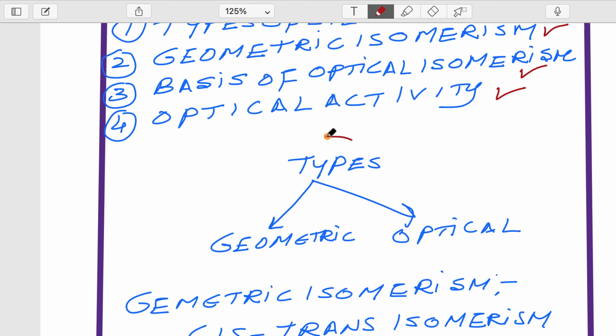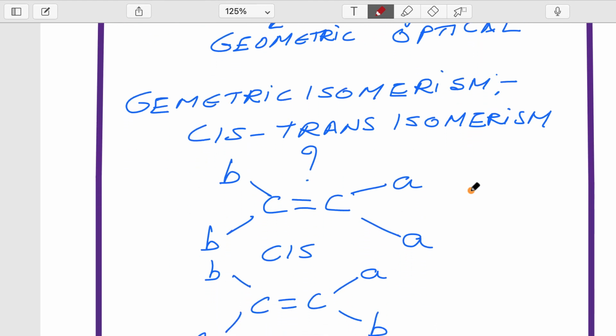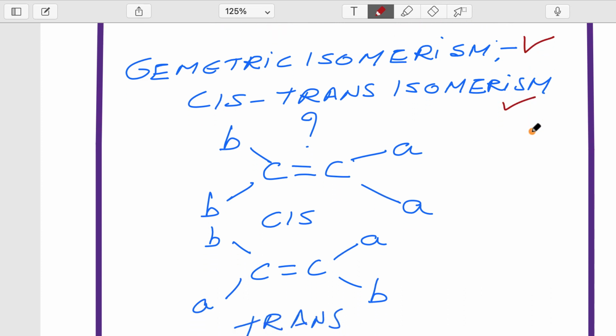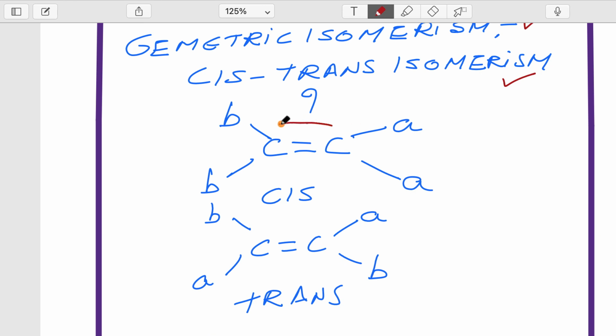When we talk about the types, there is geometric isomerism and optical isomerism. We first took up geometric isomerism. In geometric isomerism, there is cis-trans isomerism. We explained it taking the example of carbon with double bonds.